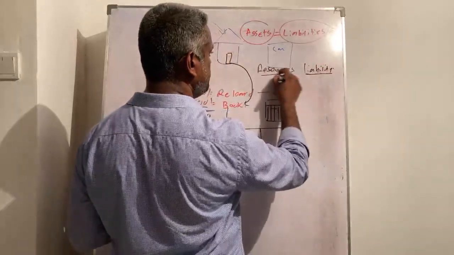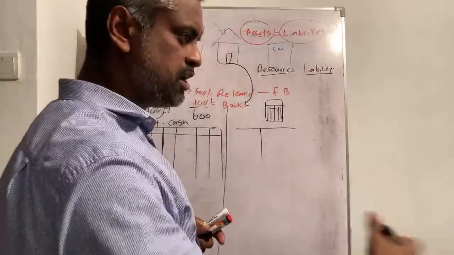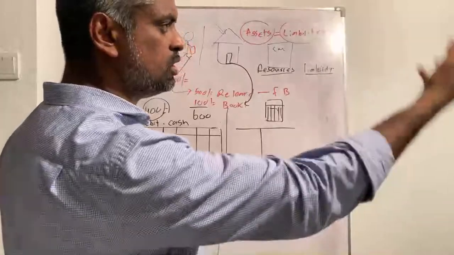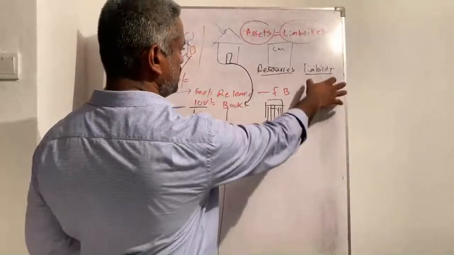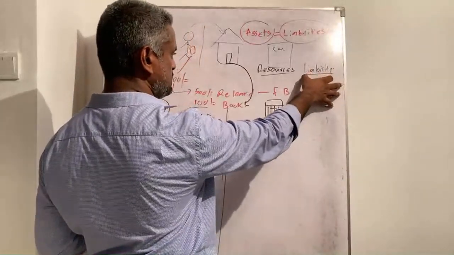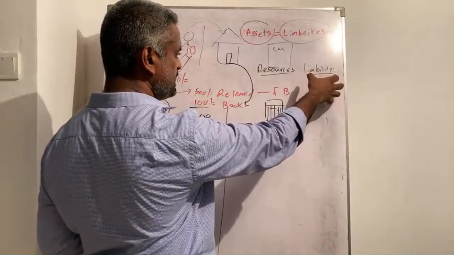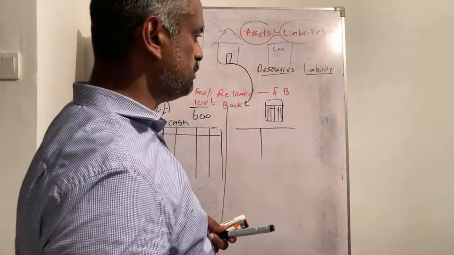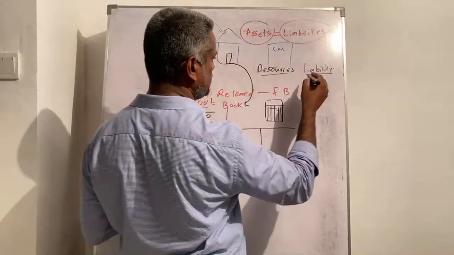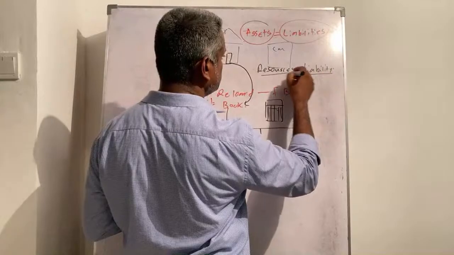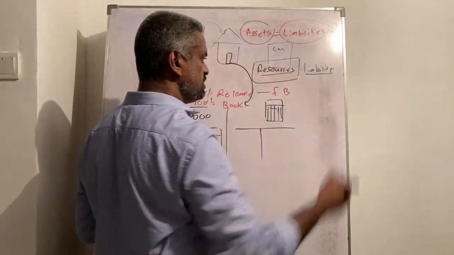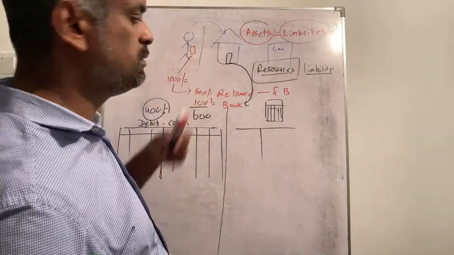Liability is the obligation that you have to give that money back some day, recently or after some time, right? A liability is the obligation you have to return that money to whom the resources have been invested in the business.